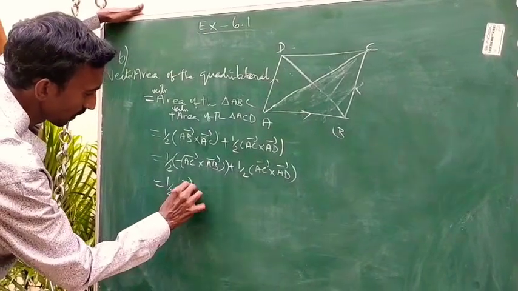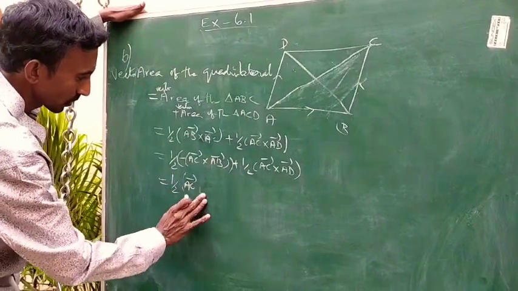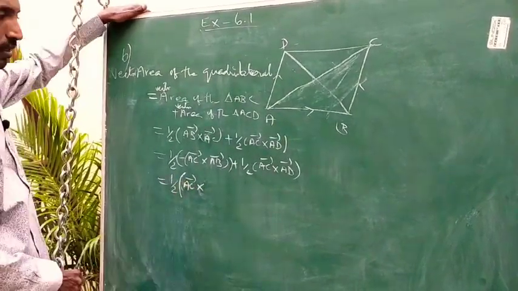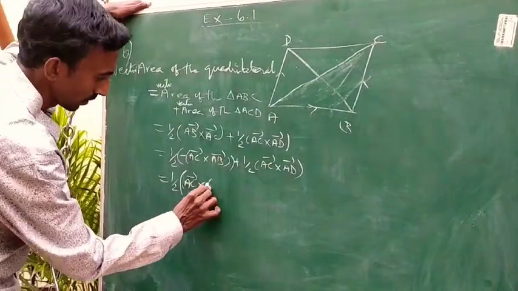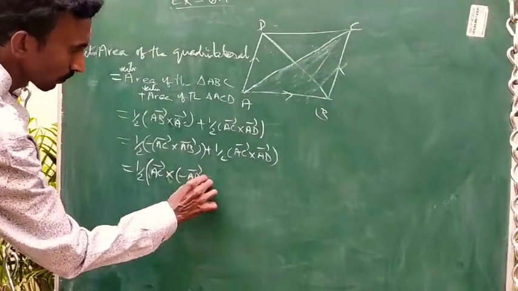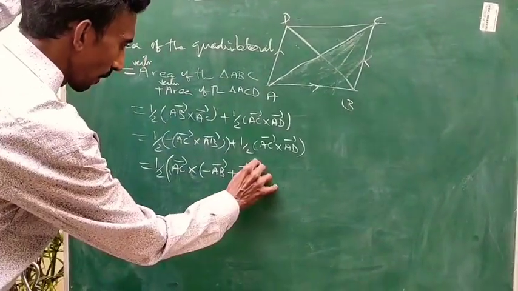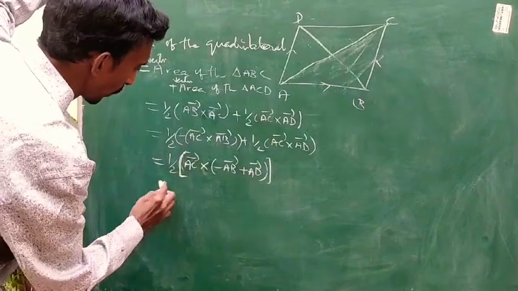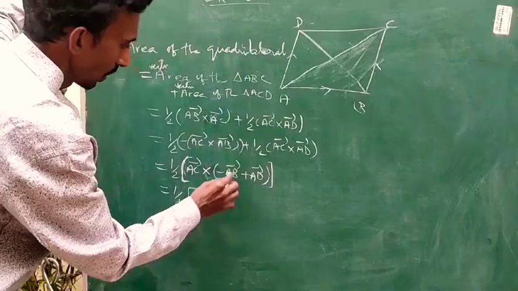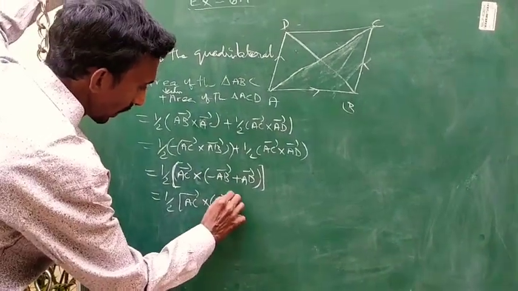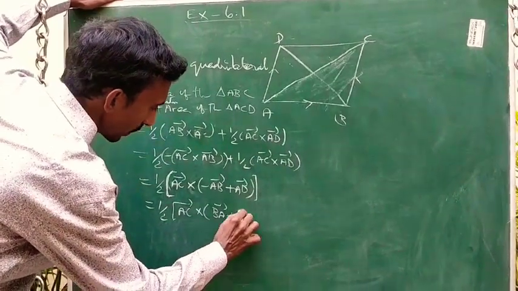Half into AC cross, minus AB plus AD. We can write minus AB as BA, so BA plus AD.